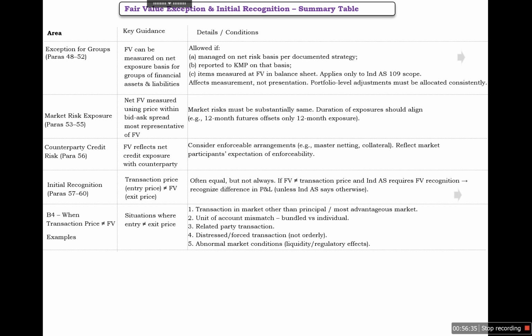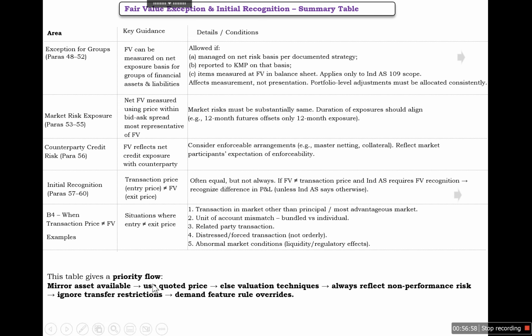And distress or forced transactions, those are not orderly, and cannot be at fair value. And if abnormal market conditions exist, the transaction price cannot be equal to the fair value.